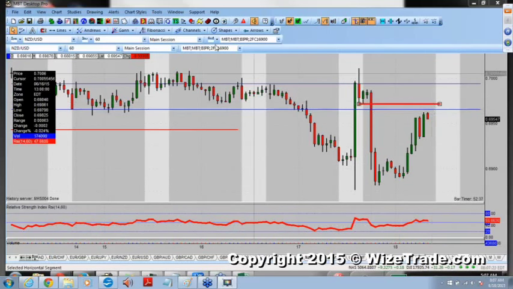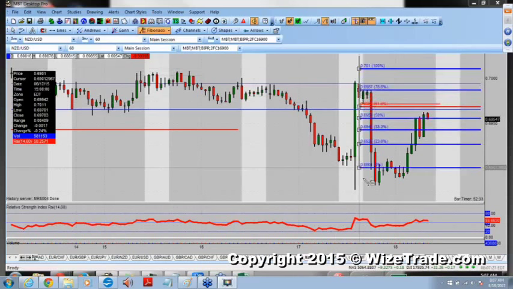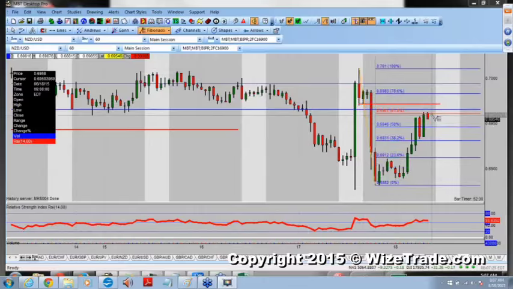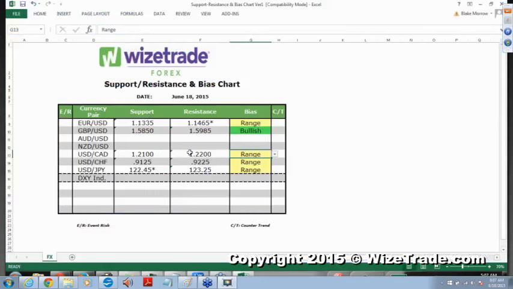We're getting really close. This is a 618 retracement right now, so it might be great resistance at this moment. 0.6970, and then supports at 69. It's bearish, but it's having a hard time going down because the dollar has been weak.